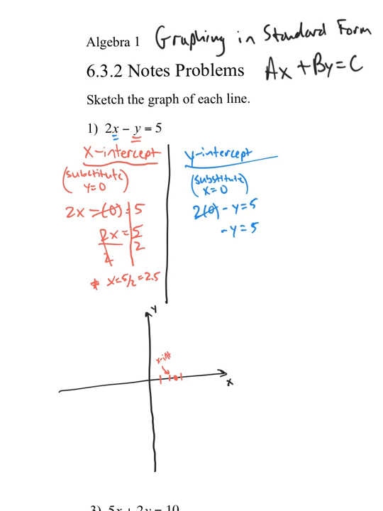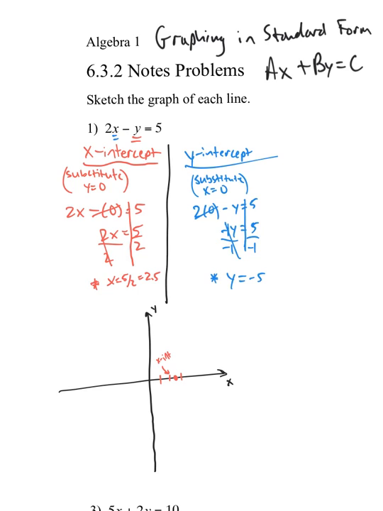All right, so, well, how do we get rid of the negative in front of the y? Because the y is not by itself. Remember, we can think of that as a -1. So we can divide both sides by -1. That's, of course, going to give us y equals 5 divided by -1, which is -5. So, guys, this value is our y-intercept.